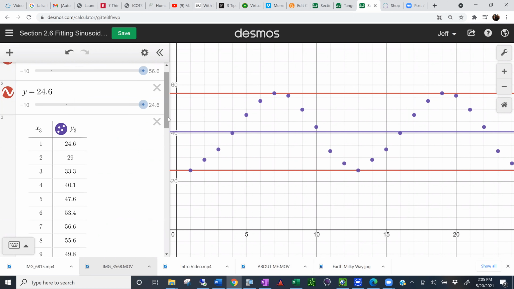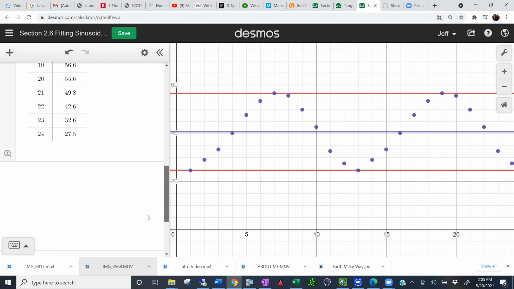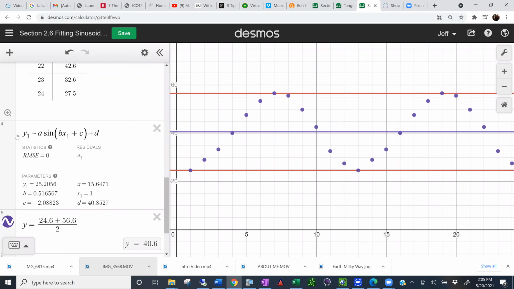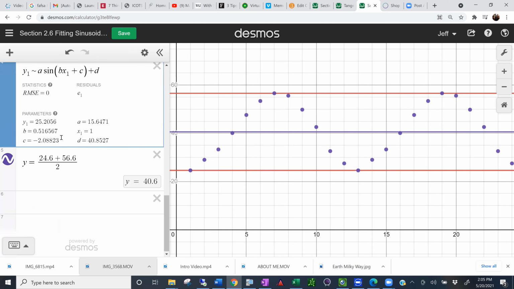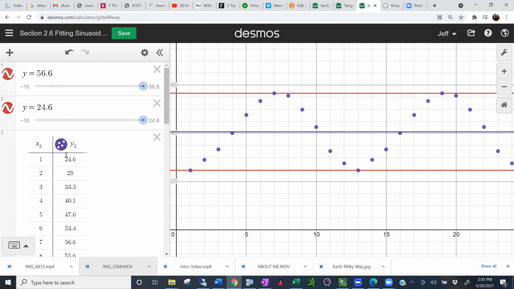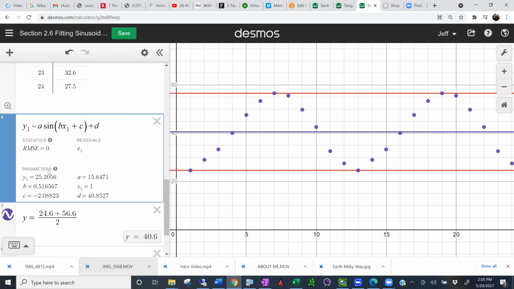You're going to run a regression. And I've actually already typed it in for you. It's this right here: y equals A sine of Bx plus C, plus D. And it gives you all the values. You're just going to have to type in the new y coordinates for your data, and it'll figure out the right answers.